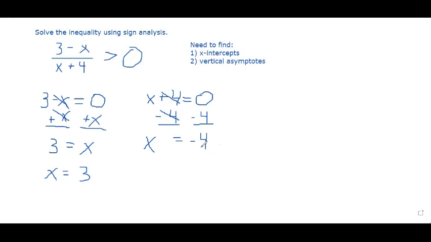So if we can identify where the vertical asymptotes are, then we can just test each side of the vertical asymptote to see if the function actually did change the sign of its y value. All right, so let's go ahead and check out these particular numbers. We can put them onto a number line.